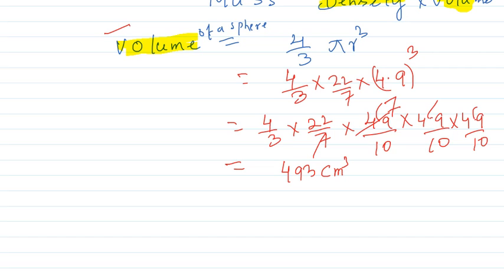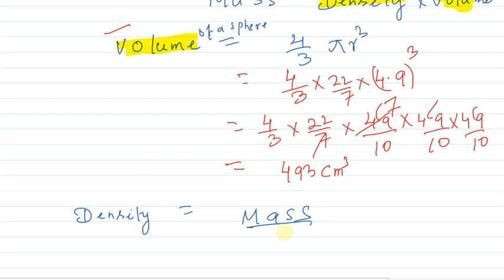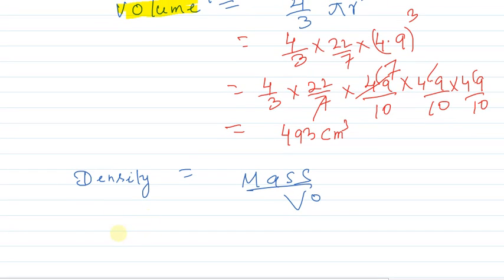As we know that density is equal to mass by volume. So mass is equal to D into V, meaning density into volume.